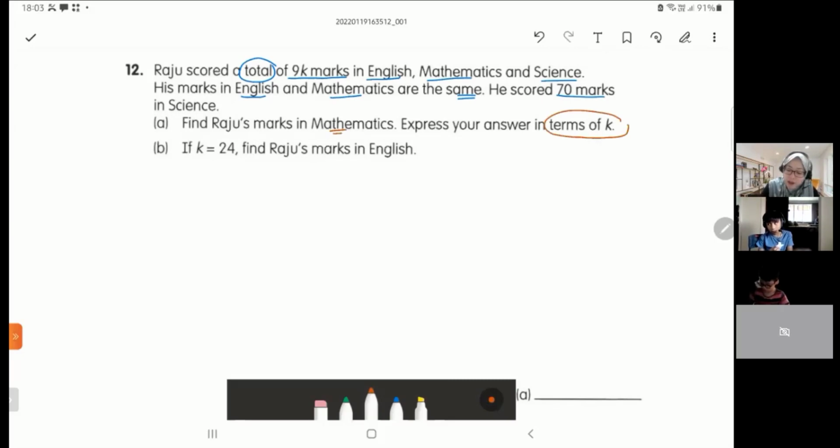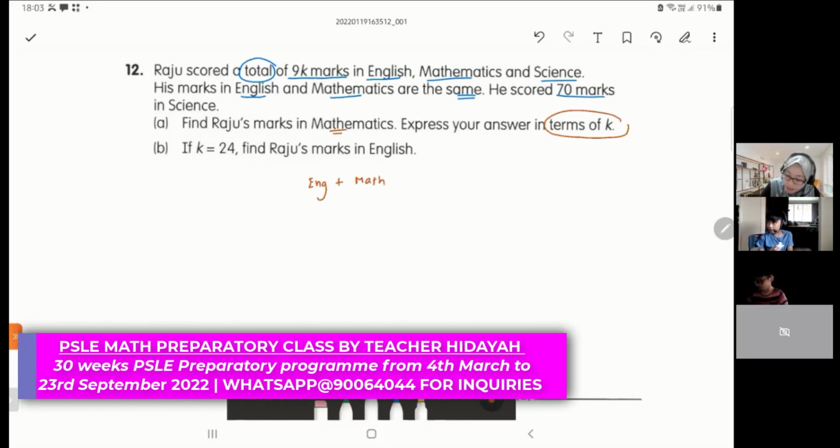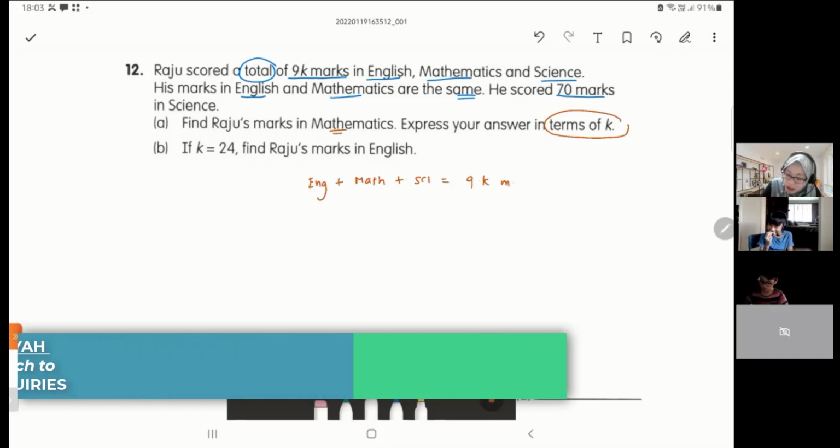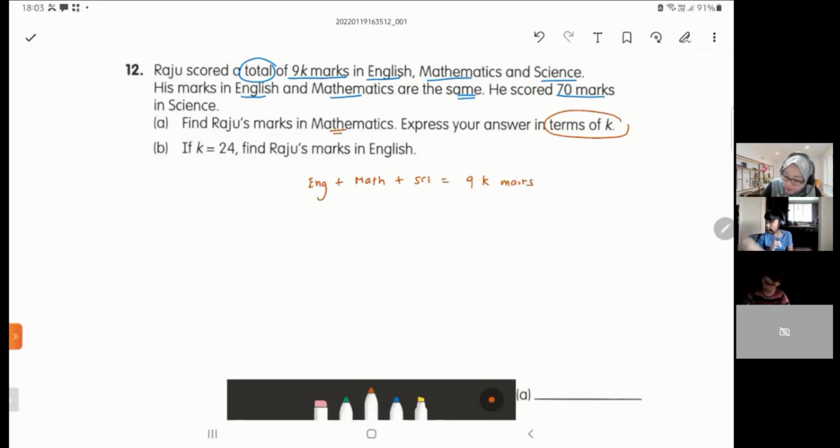So when I say I have a total, it means English plus math plus science equals 9K marks. All right, I'm putting it this way, okay? And I know that my math and English are the same marks.